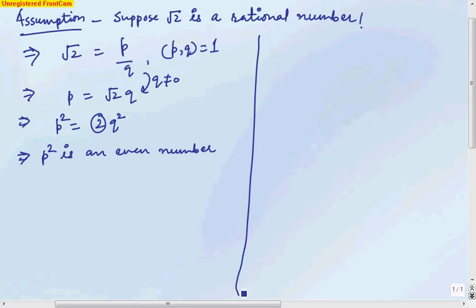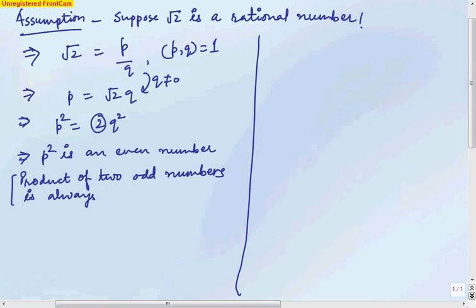Now the product of two odd numbers is always an odd number. This thing must be clear to you. You can check it like this: 2n plus 1, 2m plus 1.